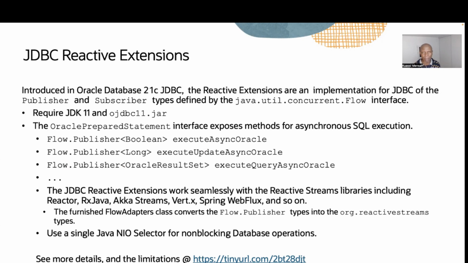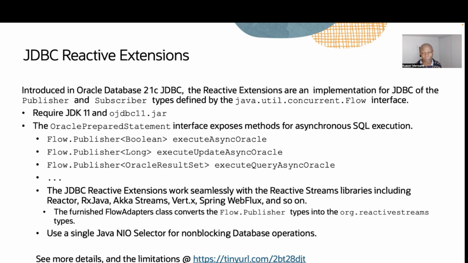So in a nutshell, if you're familiar with JDBC, you know that we have execute update, execute query. We just added a suffix, async oracle, to the standard JDBC API.